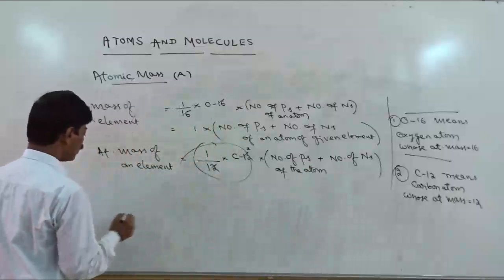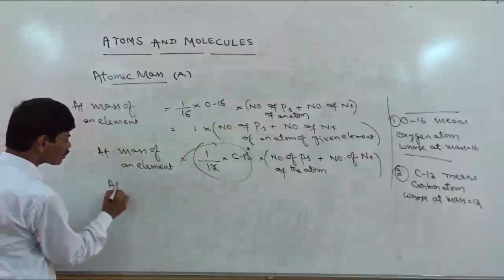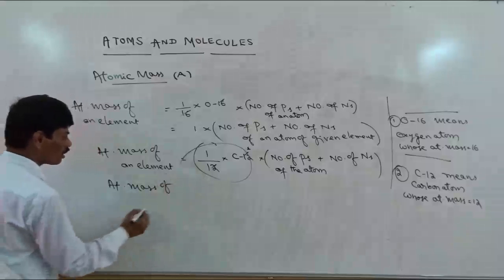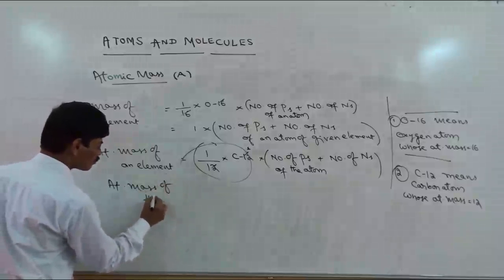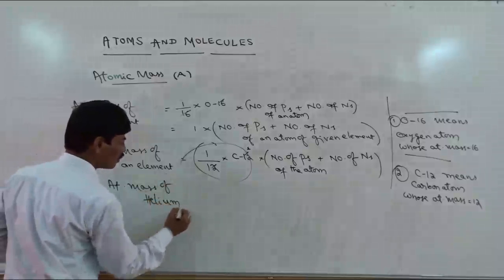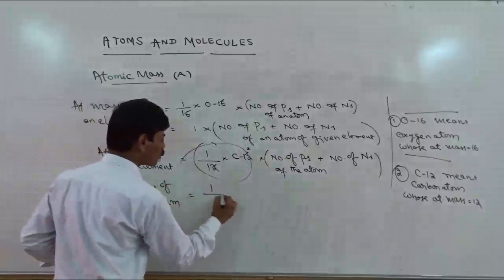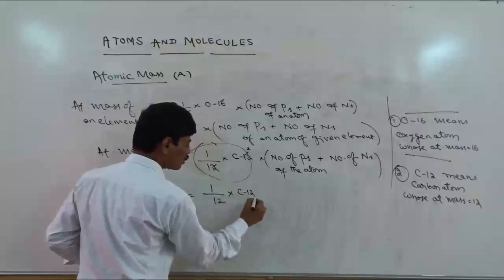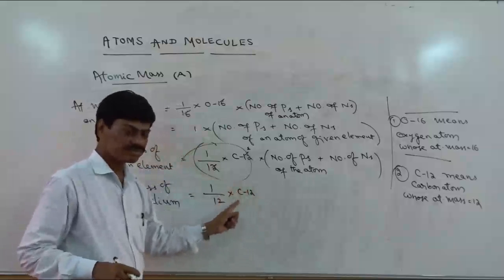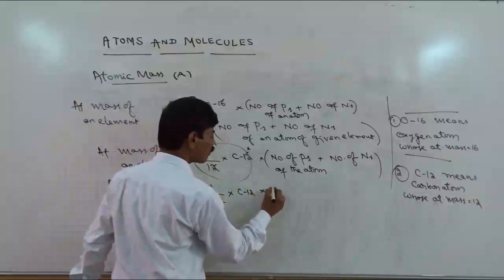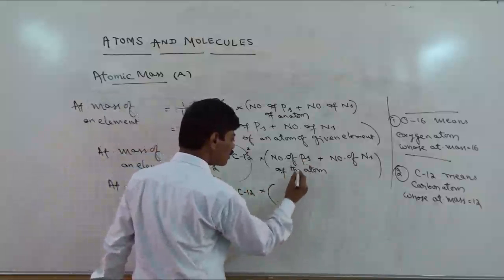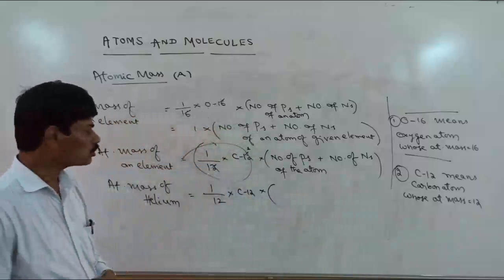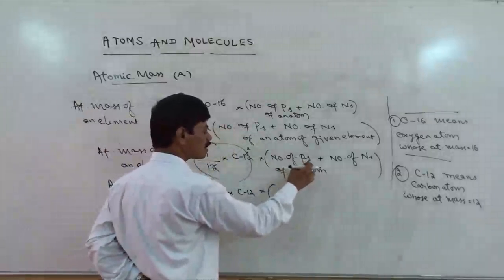Now let us see one example. Atomic mass of the helium element is equal to 1 by 12 multiplied by C12. C12 is nothing but 12, multiplied by the number of protons of the helium atom. The atomic number of helium is 2, so the number of protons means its atomic number.